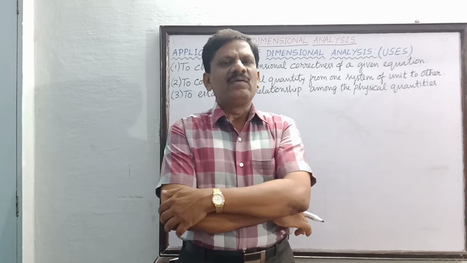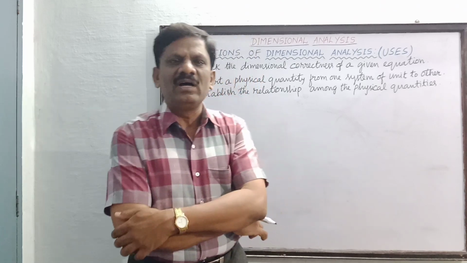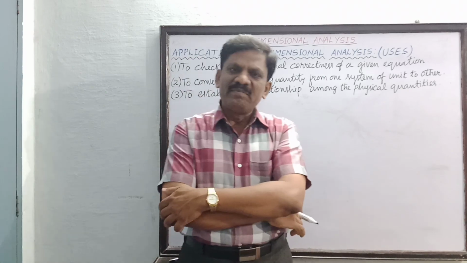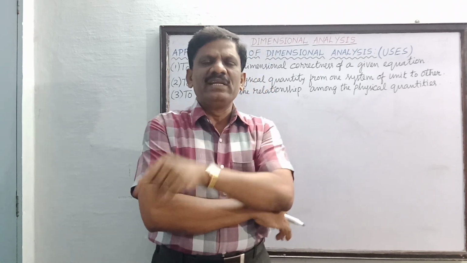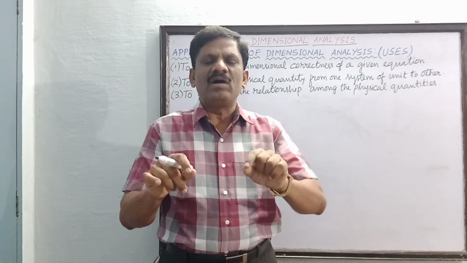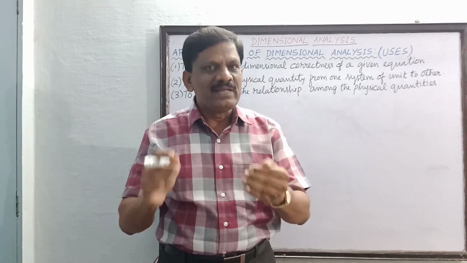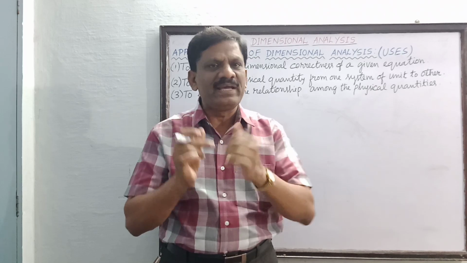We have also studied the principle of homogeneity in dimensional analysis, which states an equation is dimensionally correct only when each term on both the left hand side as well as the right hand side of the equation has the same dimensions.